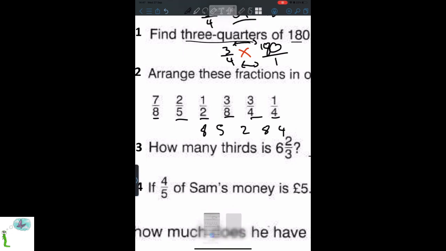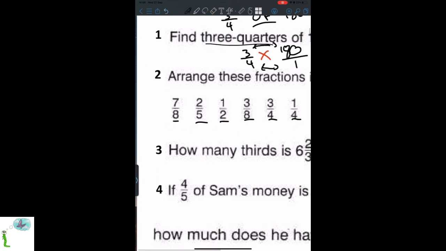And what we can do is then, when they all have the same denominator, we can just look at which is bigger quite easily. So the quickest way to do that, because 2 and 4 go into 8, what we need to do is find something that 8 and 5 both go into, which is 40. So we're going to make all of these into 40.